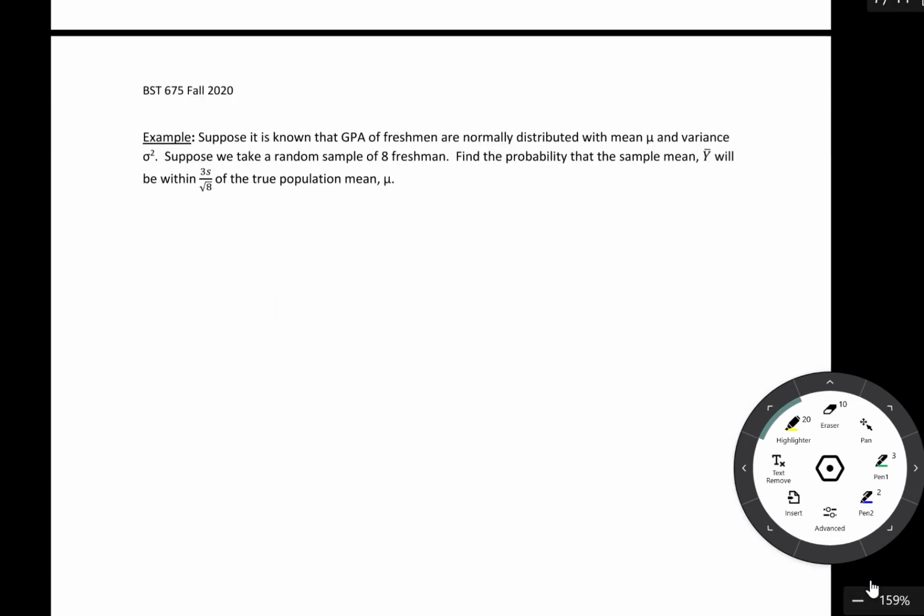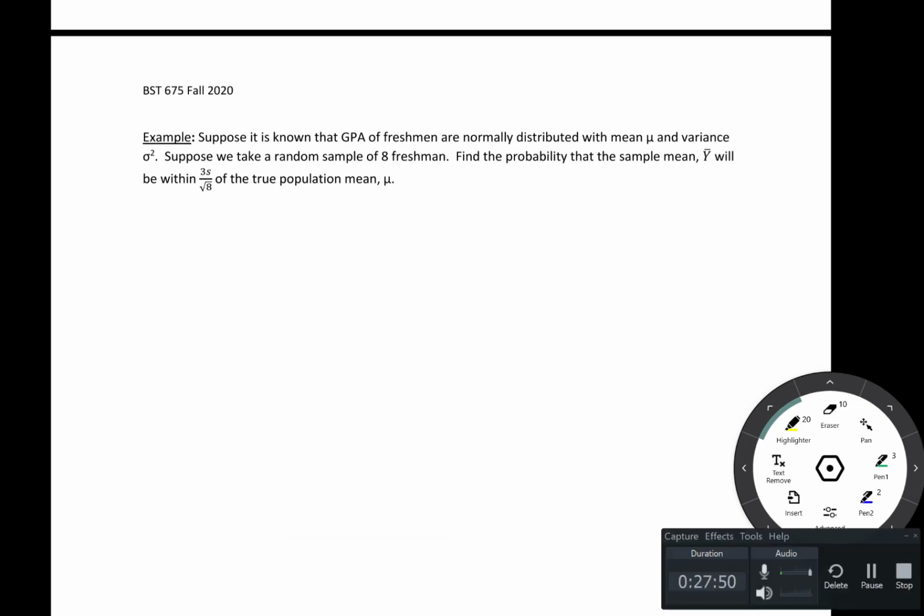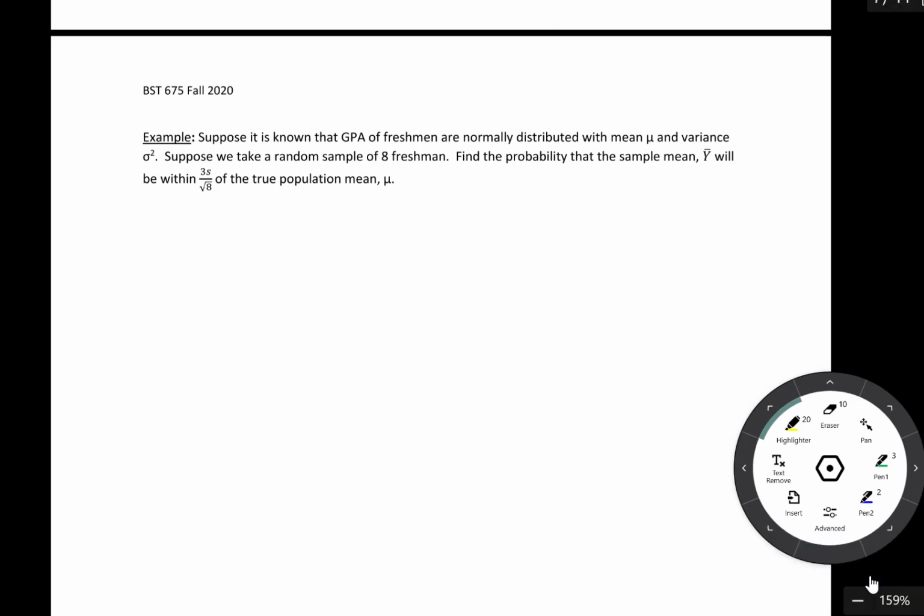Alright, so let's look at another example here. Suppose it's known that GPA of freshmen are normally distributed with mean mu and variance sigma squared. Suppose that we take a random sample of 8 freshmen. So notice n is equal to 8. We're going to find the probability that the sample mean y bar will be within 3s divided by the square root of 8 of the true population mean mu.